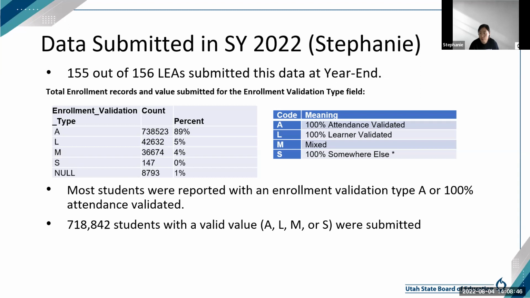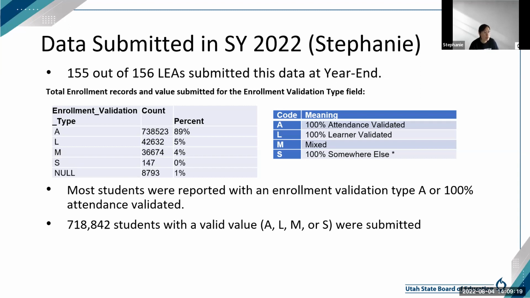One note that I have to make is the data counts we presented here are not distinct student counts. One student throughout the school year may be submitted with several enrollment validation types, so the count may have multiple student record duplicates.